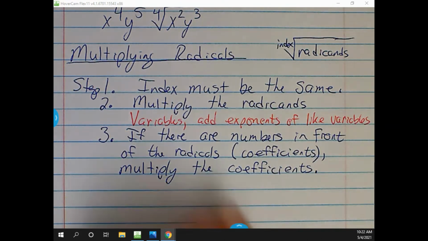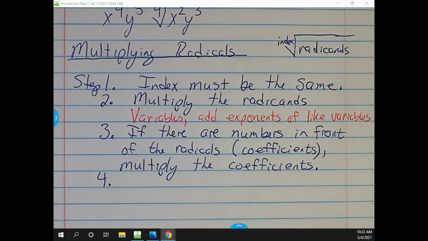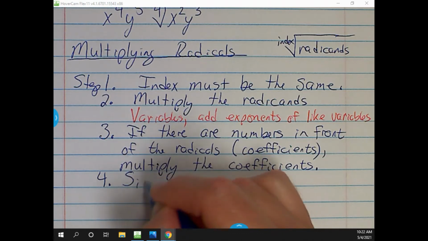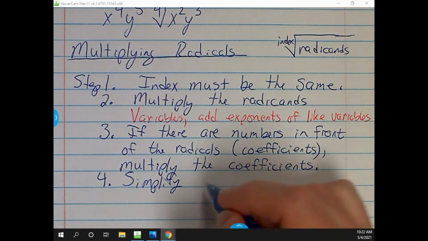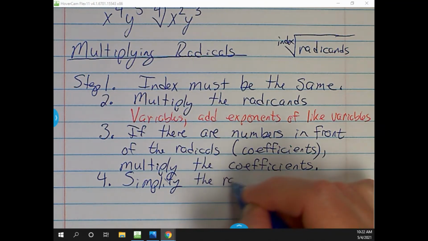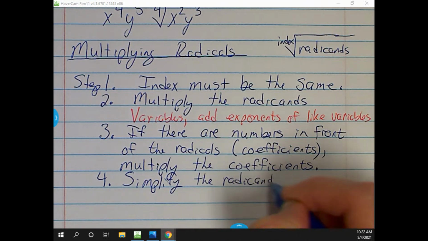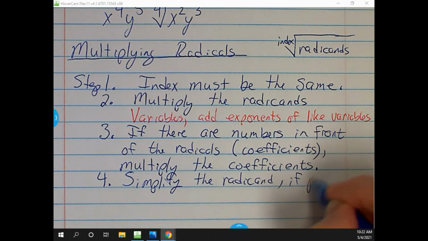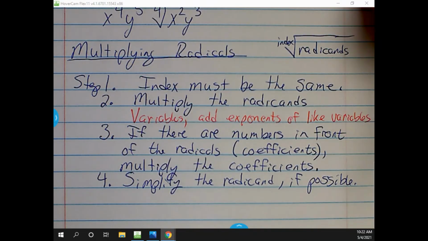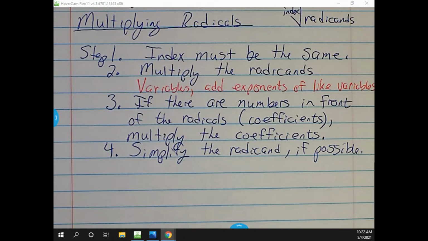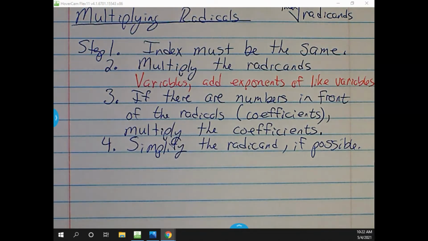And then the last thing that we'll do, which was basically the whole thing we're getting up to, is that you're going to simplify. And you really only have to worry about simplifying the radicand. Because the outside number, once you multiply the coefficients together, is pretty much done.